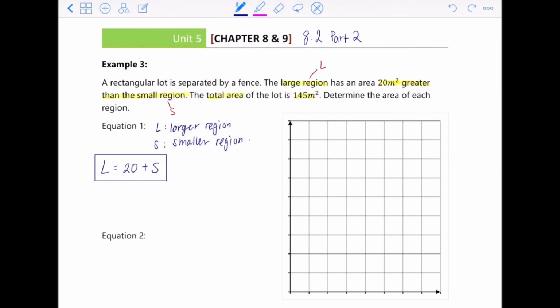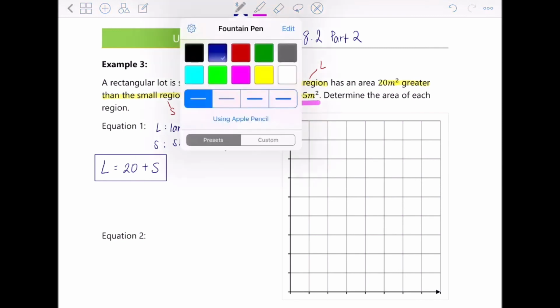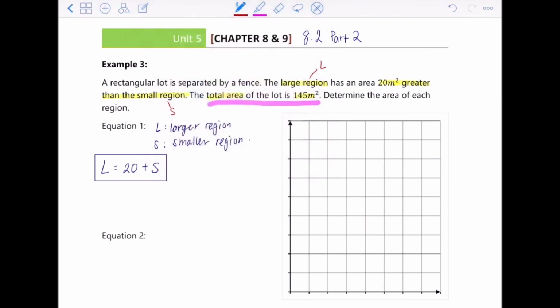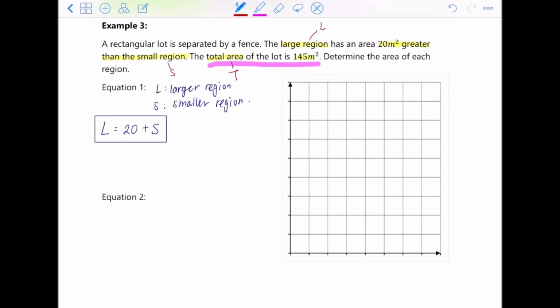The second equation should be from our total area of lot right here. So we can denote T for total area. Let me just scroll down. We know that T is the total area of the lot, and we know the total area is 145 meters squared.